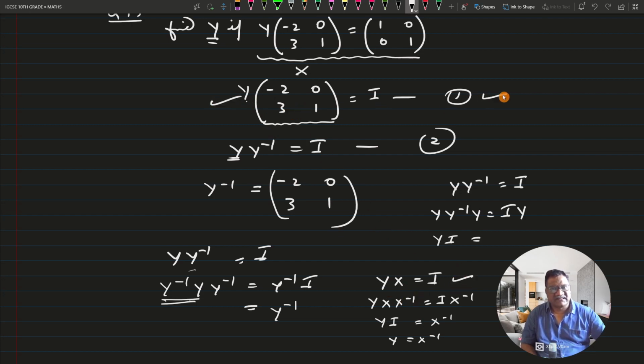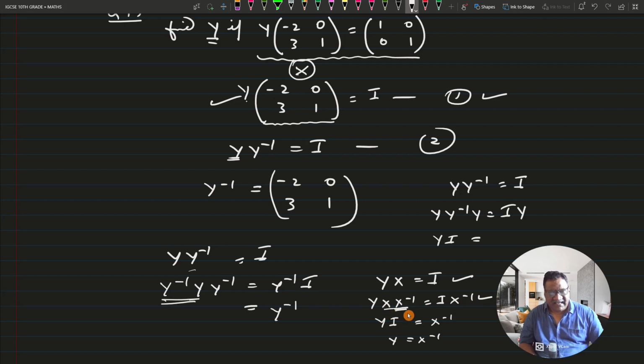Now this entire matrix minus 2, 0, 3, 1 I am taking as x. Now I am going to multiply this equation by x inverse on both sides. So I'll get y x multiplied by x inverse equal to I into x inverse.